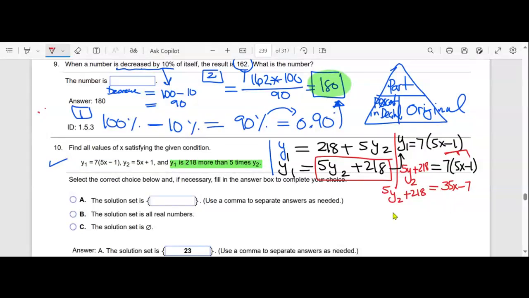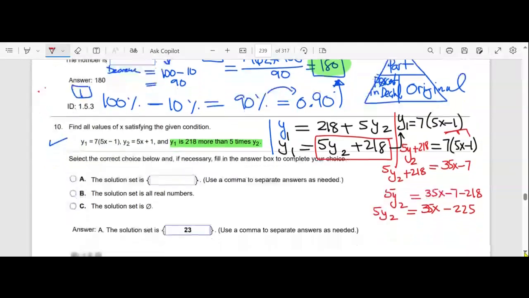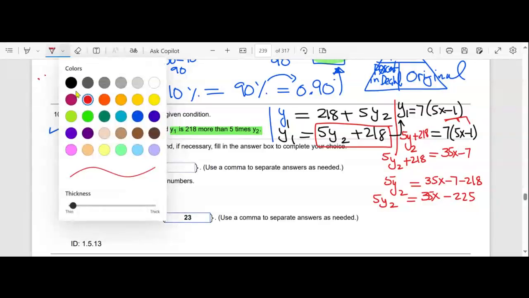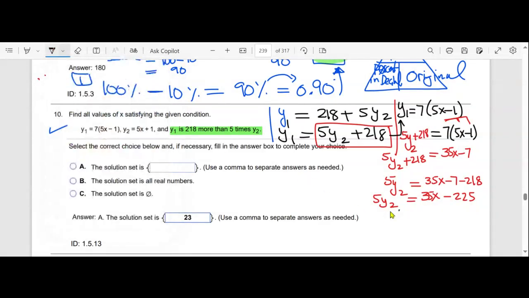Isolate y2, correct? So you get 5y2 equal, 218 goes to the other side, it becomes 225. And we have 35x minus 225 equal 5y2. I need to divide, correct? Divide by how much?